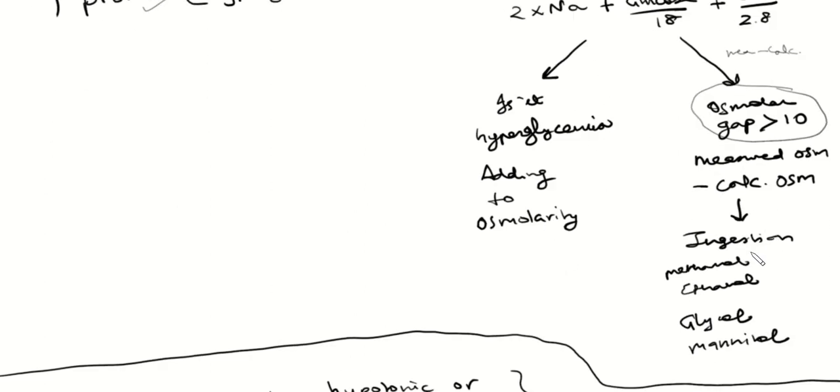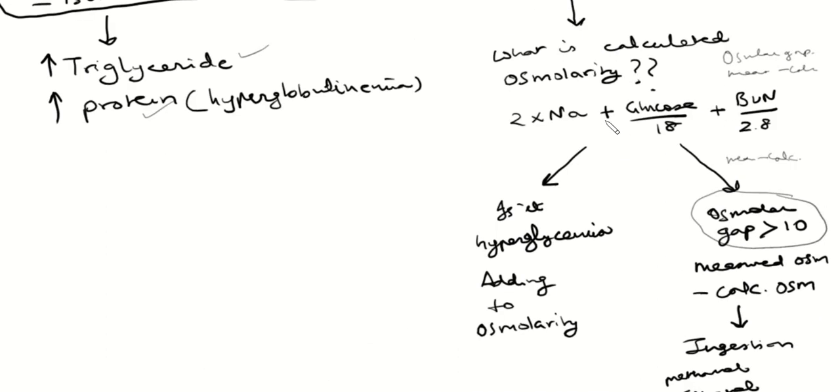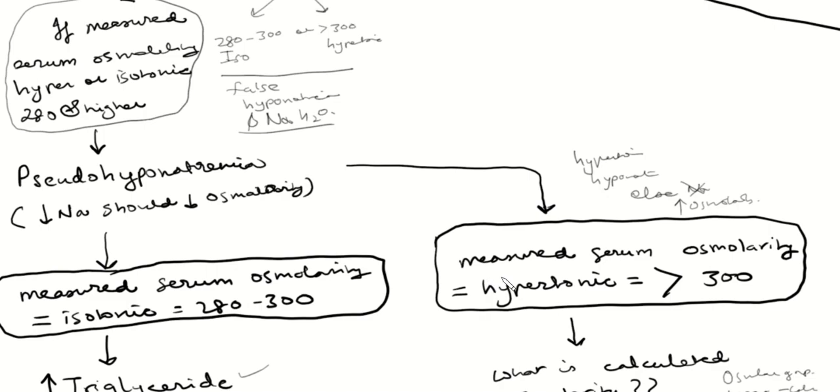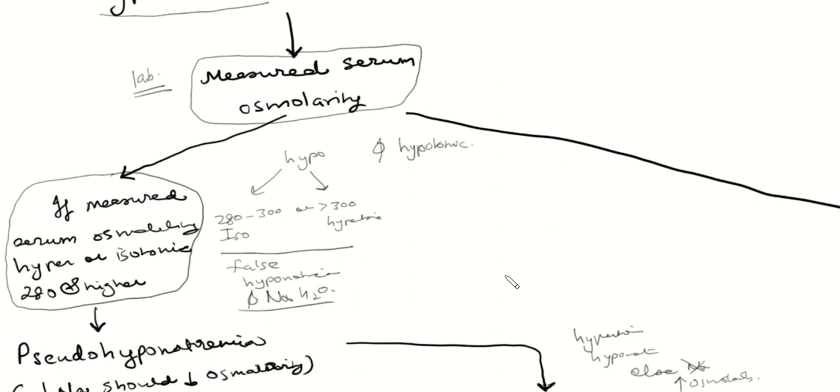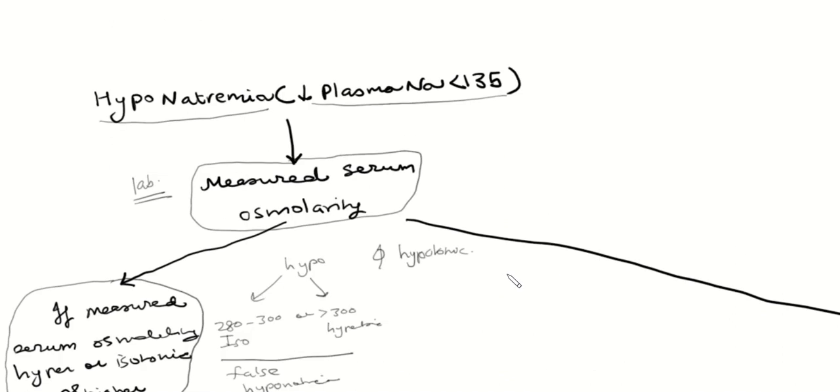And if that's the case, then it's some kind of ingestion: methanol, ethanol, glycol, mannitol. If not, check the sugar, because the sugar may be so high that it's actually adding a lot to the osmolarity. Okay? And that's false hyponatremia. It's a different problem. It's not a salt, or sodium, and fluid problem.